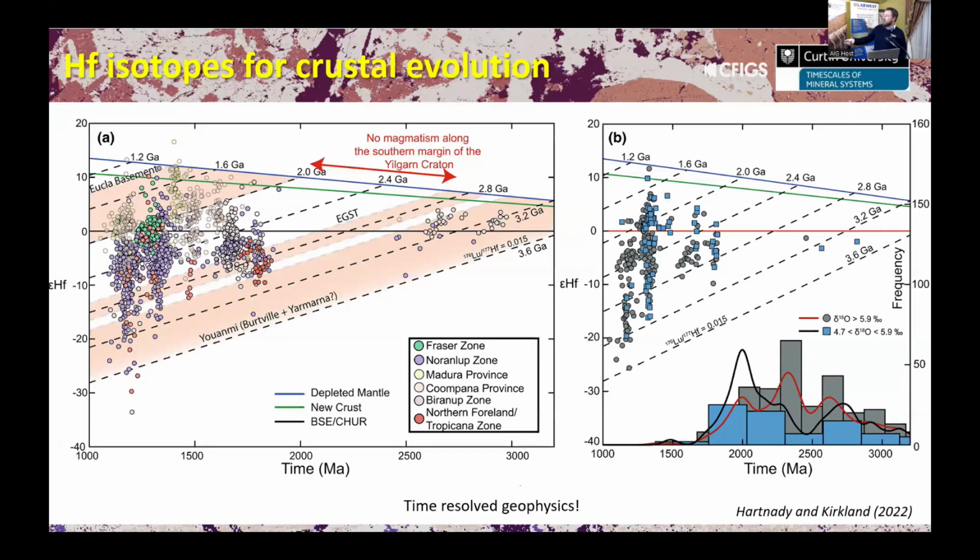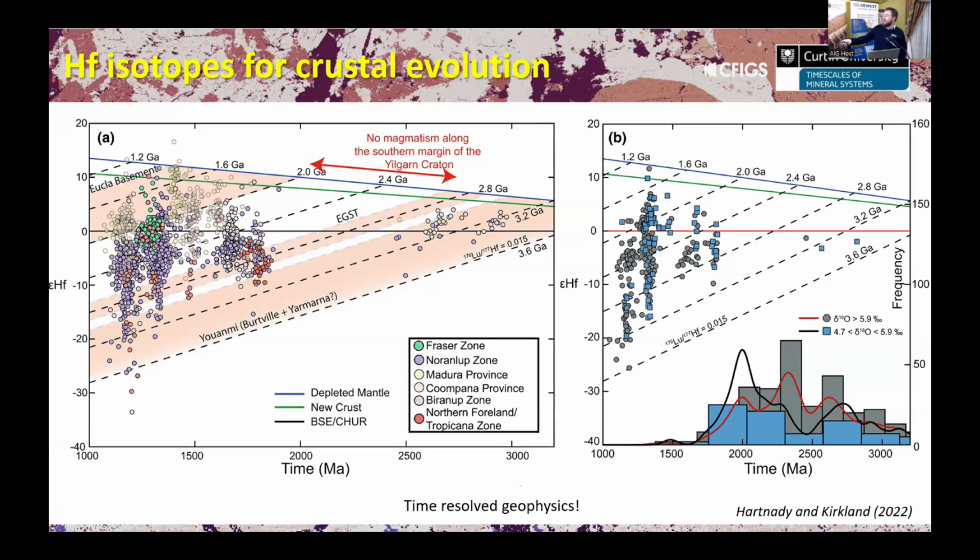So in blue, what you're looking at is material that has an oxygen isotope signal broadly within the range of mantle. In gray, what you're looking at are analyses that have interacted with the hydrosphere. And what that allows us to do is separate material that's been reworked from material that is true new additions.